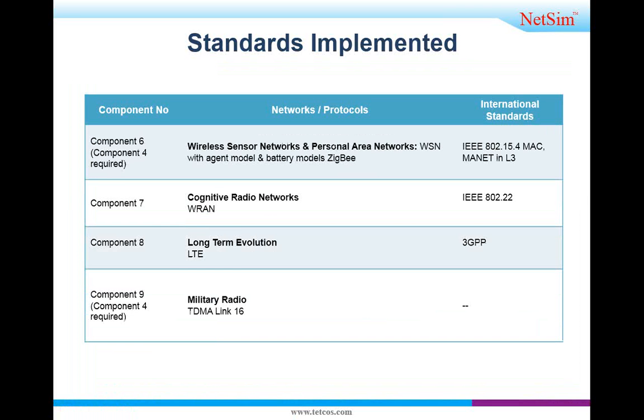Then component 6 has wireless sensor network and personal area network with agent model and battery model, Zigbee. Component 7 has a cognitive radio network, wireless regional area network, component 8 has LTE, Long Term Evolution, and component 9 has military radio, Link 16. So this is all about the components we have in NetSim.